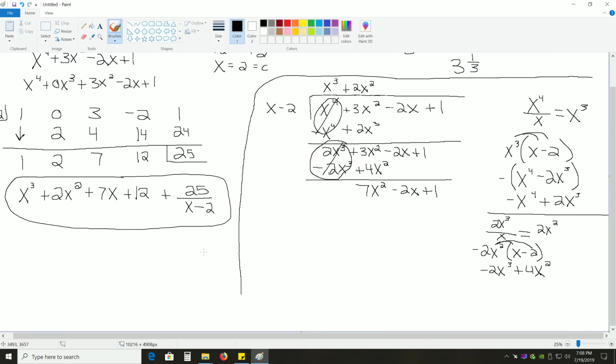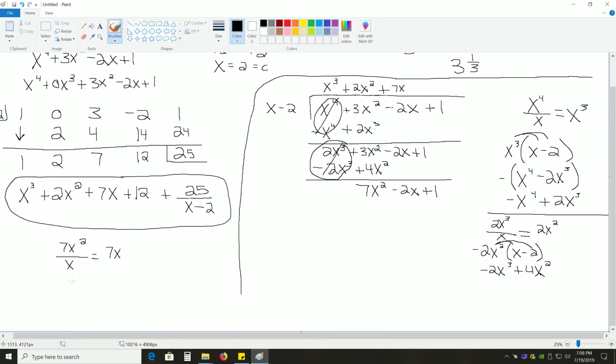I'm going to jump back over to the side that we did the synthetic division on, just to show the work. We're dividing 7x squared, our first term, by x, our first term on the outside. That gives us 7x. And again, that goes in the top, plus 7x.